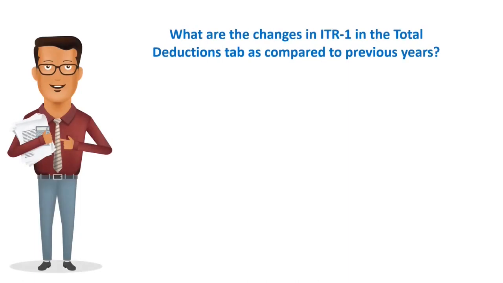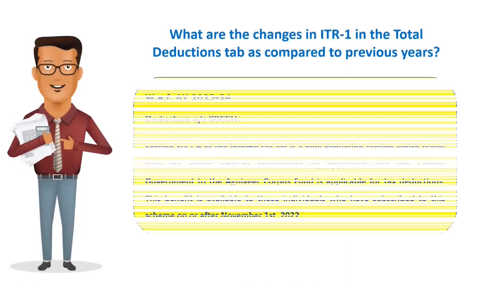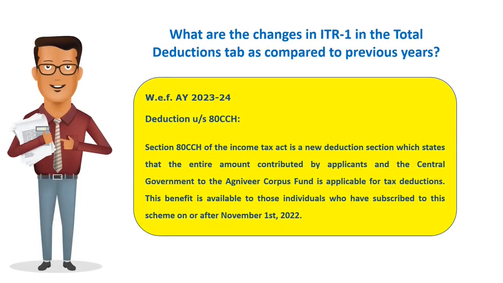It is important to note the changes in ITR 1 in Total Deductions tab as compared to the previous year. With effect from assessment year 23-24, you would be able to see deduction under section 80CCH, which is a new deduction which states the entire amount contributed by applicants and the central government to the Agniveer Corpus Fund.